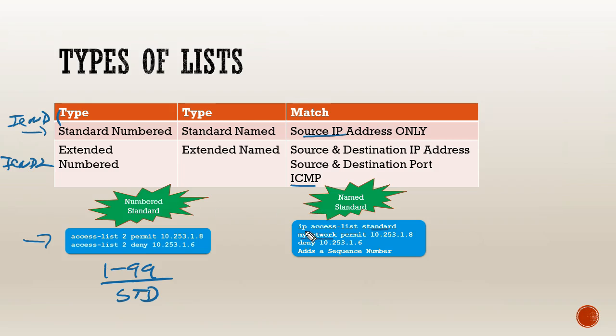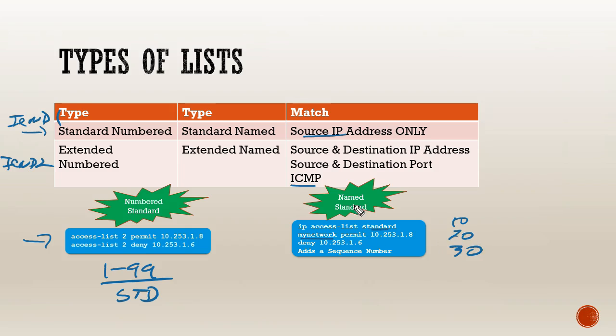In the named, we invoke the access list, standard my network, and this should actually be on a new line. Permit 10.253.1.8 and then deny. We can add them sequentially until we get to the end, and it adds the sequence numbers, the 10, 20, 30, as we do those.